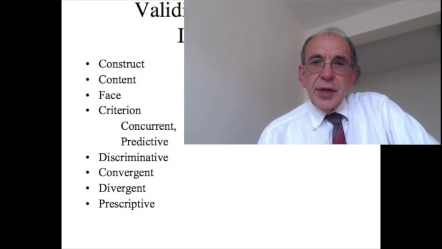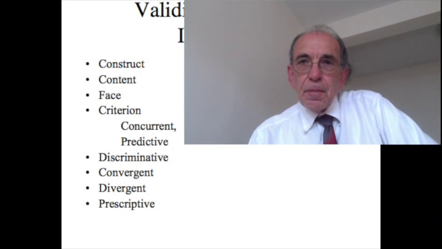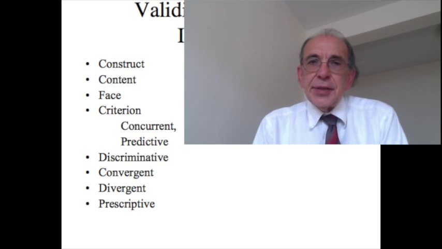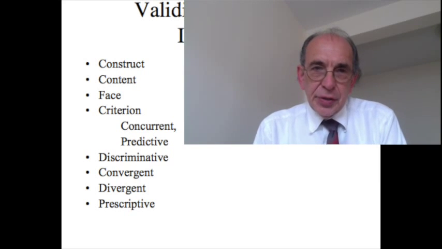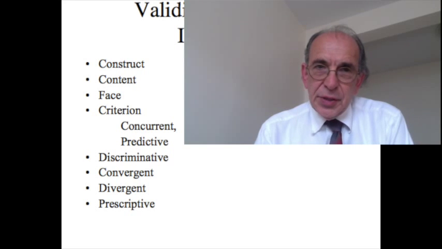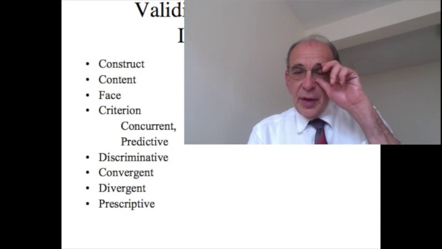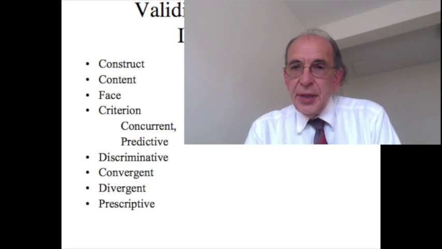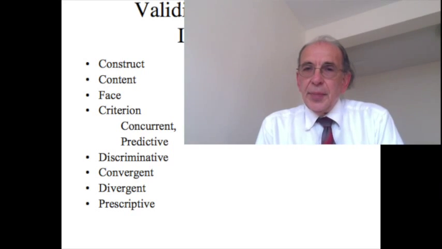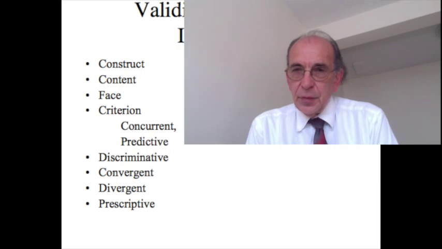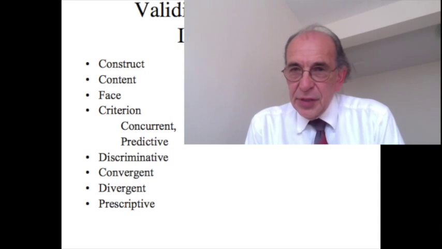Okay, this segment of the norming and statistics set of lectures related to assessment focuses on validity. We have already spoken about reliability, reliability being consistency within an assessment, and there were various types of consistency.